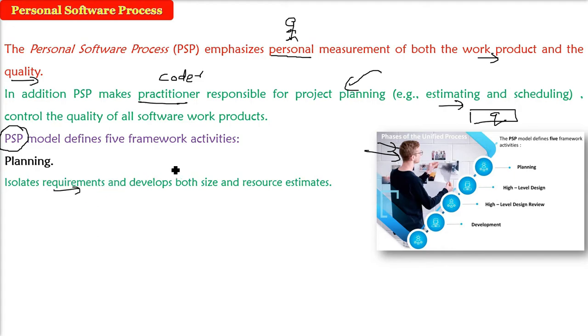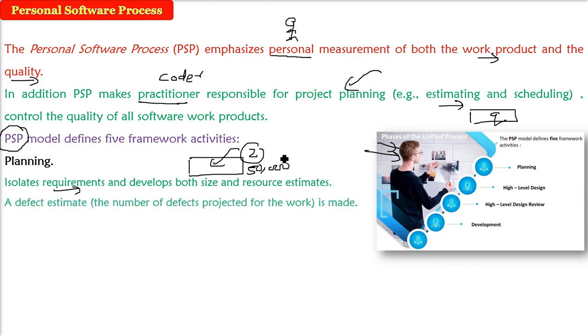Then developing the size and the resource estimates. Various metrics will come here. For example, in 2 years I will complete, or 2 months I will complete, 50,000 or any amount. Then we have to estimate the defects, that is, how many defects we can project. That okay, 10 defects will be there, 20 defects will be there.